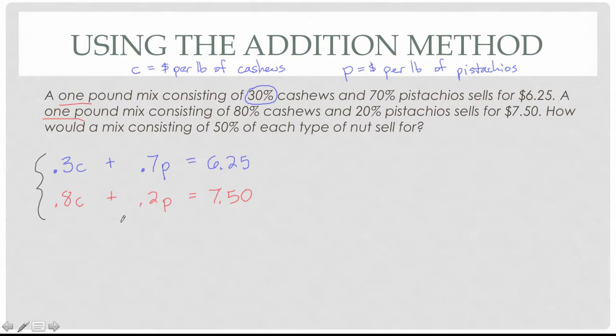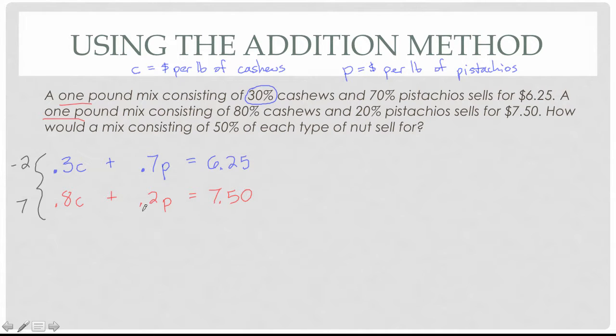Okay, if I want to get rid of one of these variables to go to 0, I'm going to multiply the top by -2 and the bottom by 7. I'm going to cancel out the p's here and then solve for c first.